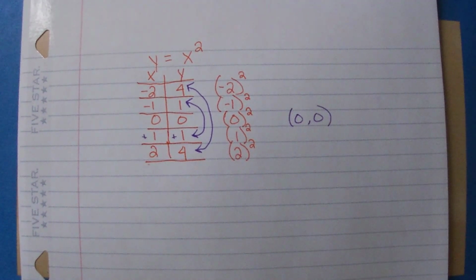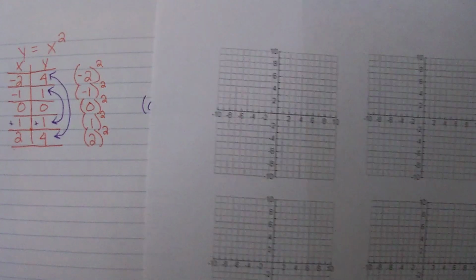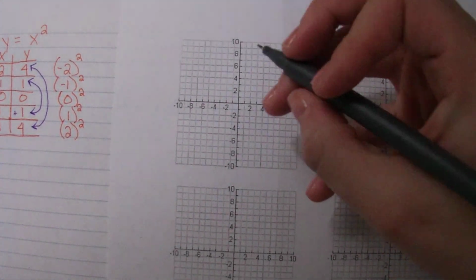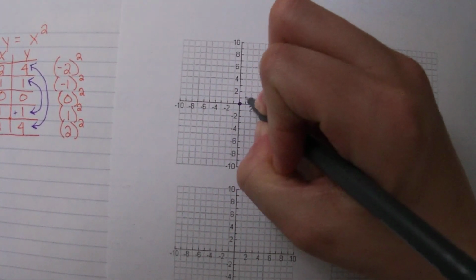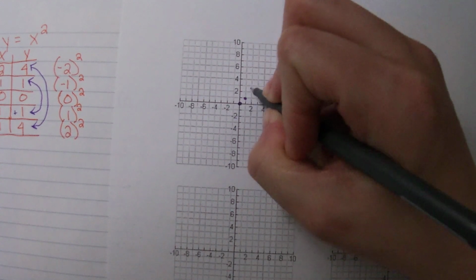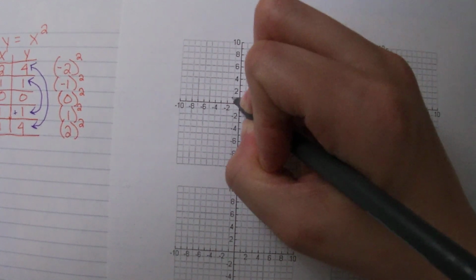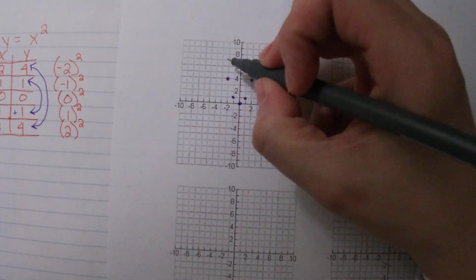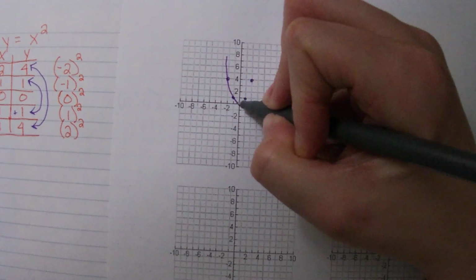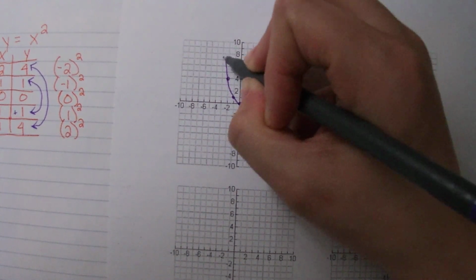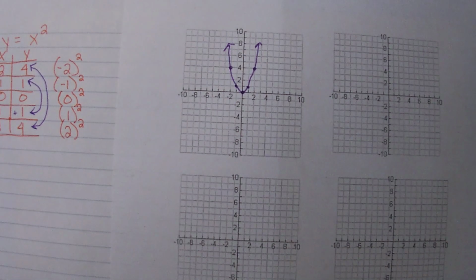I'm just going to quickly plot these points. You don't necessarily need it, but I want you to see what happens. If I have 0, 0, 1, 1, 2, 4, -1, 1, -2, 4, here's my U shape. I'm connecting them like a U with arrows saying that it continues to go up forever.